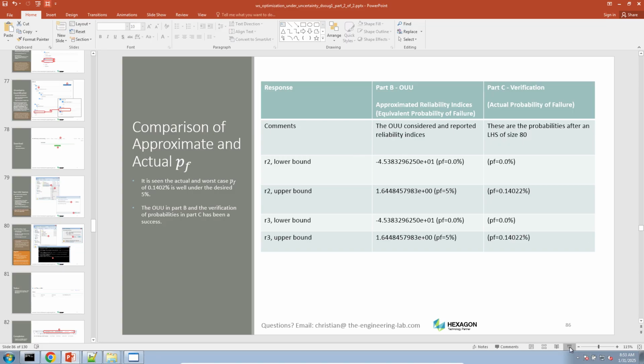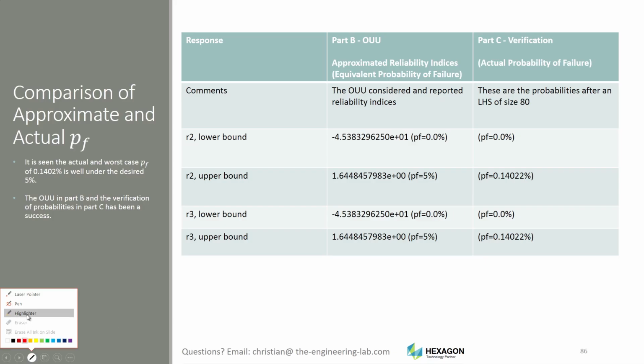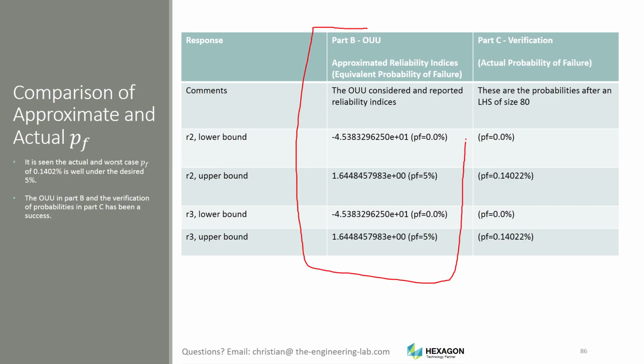Okay, so on this slide, in this column, part B, these are the reliability indices and the probabilities of failure that we had at the end. We found out the maximum probability of failure was 5%. Now, we use the MVFOSM method for the uncertainty quantification that involves an approximation of the probabilities, the mean, and the standard deviation.